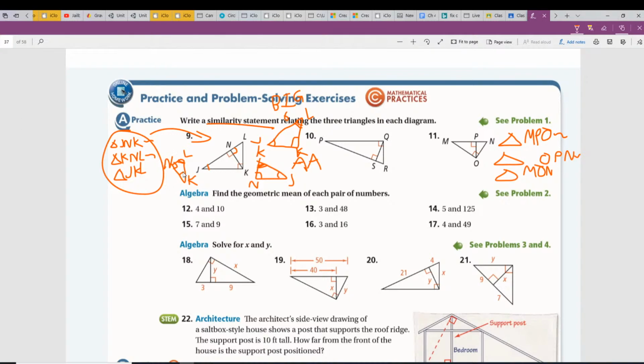Okay, so find the geometric mean for each pair of numbers. So 13, we're going to go with this one right here. Find a geometric mean. What does geometric mean mean? Okay, so geometric mean is the square root of AB, right?